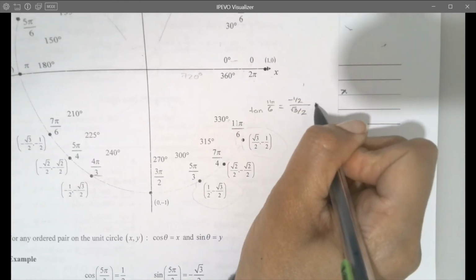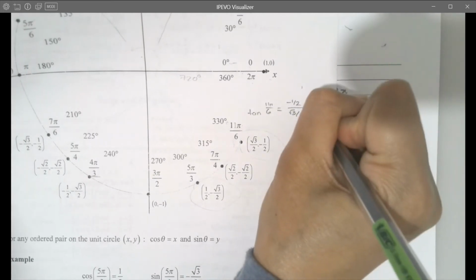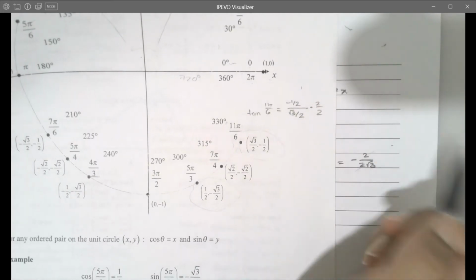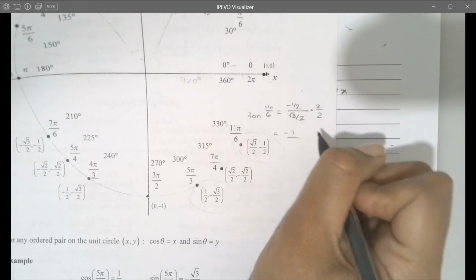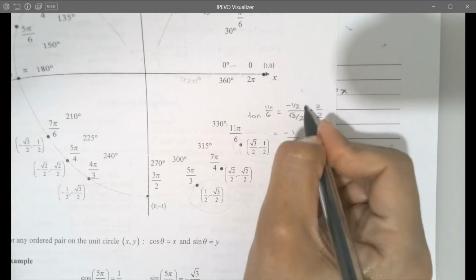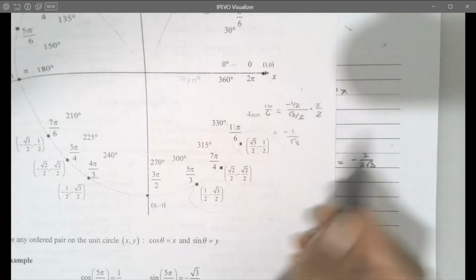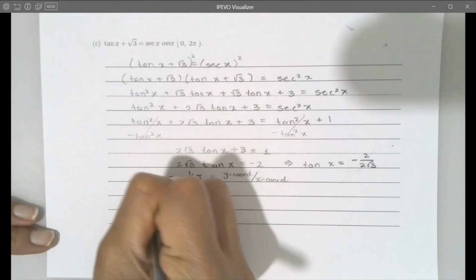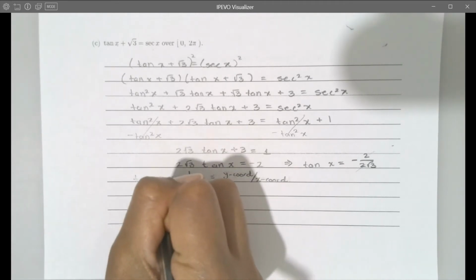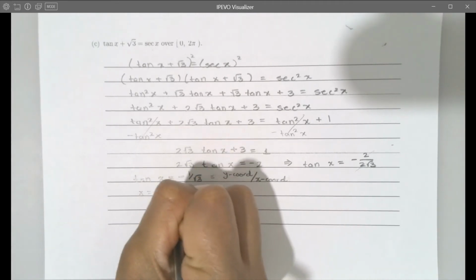And if we multiply top and bottom by 2 here to cancel out the complex fractions, we're going to end up with a negative 1 over radical 3 because these 2's are going to cancel. And that is precisely what we have. So that means that x could be 11 pi over 6.